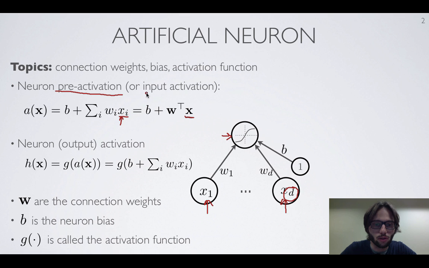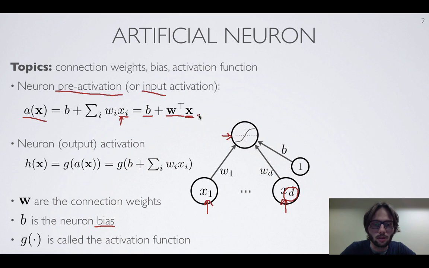Sometimes when you look at the literature, you see the expression input activation instead, but I'll avoid using input activation because for X we often use also the word input to describe it. So instead I'll talk about this as the pre-activation. And the pre-activation, which I'll note a(x) for a given neuron, is simply going to be some scalar b, which we're going to refer to as the bias, the neuron bias, plus the product between a weight vector w with the input vector x.